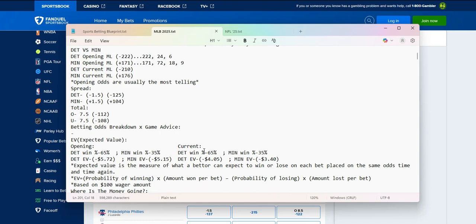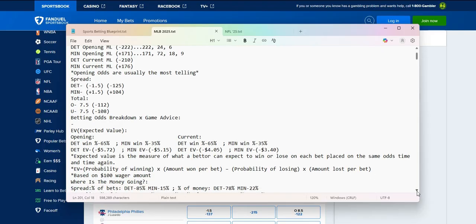That gives Detroit a 65% and 35% win percentage for Minnesota, same thing as the opening, but they do lower their expected values respectively. Negative $4.05 expected value for the Tigers and negative $3.40 expected value for the Twins. But let's see where the money is going in this one.